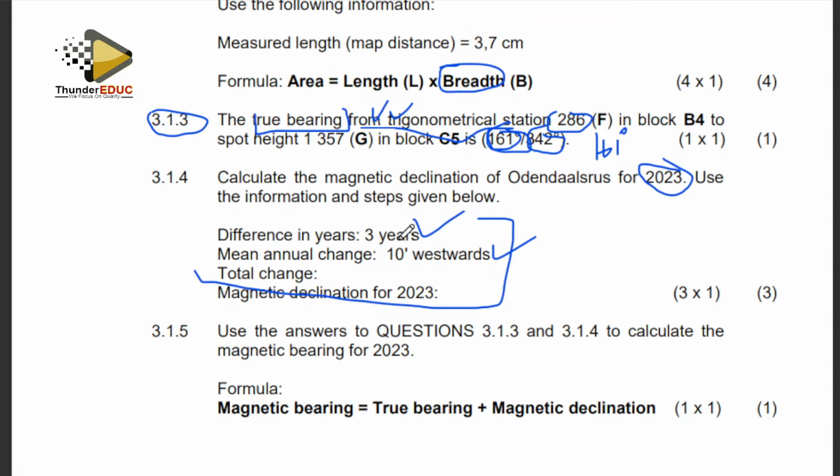So what are we calculating? We are calculating the total change. The total change is going to be this times this. So it's going to be 3 years times 10 minutes. Here we get 30 minutes.